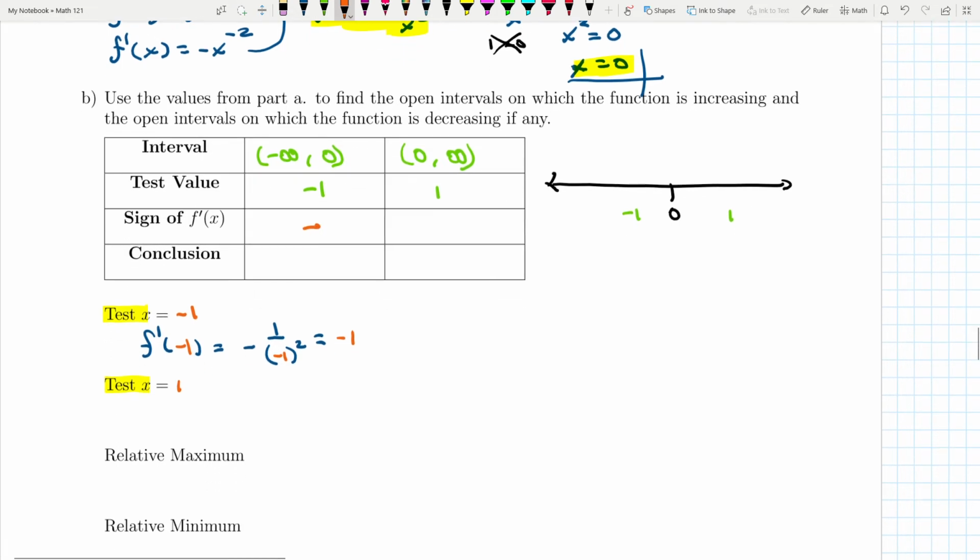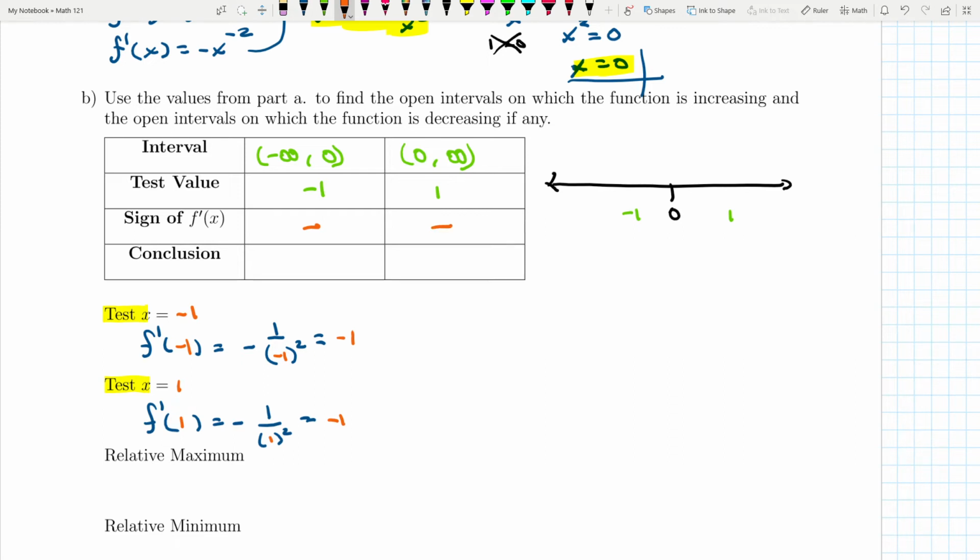On the other hand, if we test 1, that's 1 squared, which is 1, and then 1 over 1 is still 1 times the negative in the front, which will be negative 1, which is also a negative number.